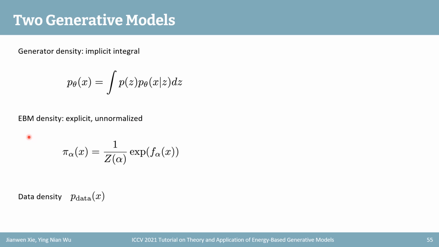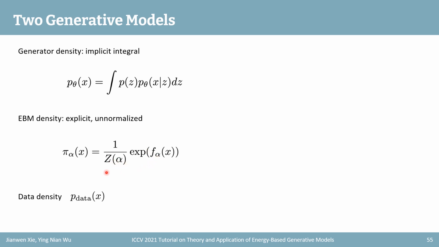And we denote our energy-based model this time by pi_alpha, because we already use p_theta for the top-down generator model. So for the bottom-up energy-based model, we now use the notation pi_alpha. So alpha collects all the parameters of this bottom-up network that defines the energy function f_alpha(x). Okay, so this is our current negative energy function.